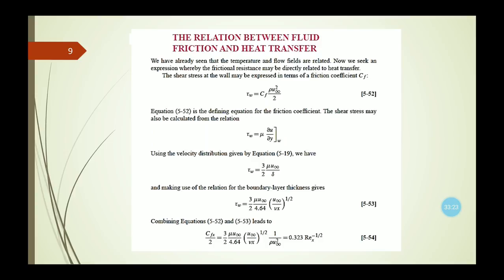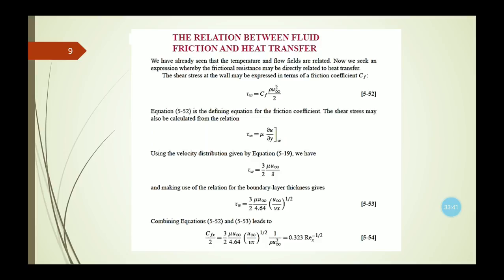If we combine equations 5.52 and 5.53, then we get Cfx by 2 equals 3 by 2 mu u alpha divided by 4.64, then u alpha divided by nu x whole to the power half.